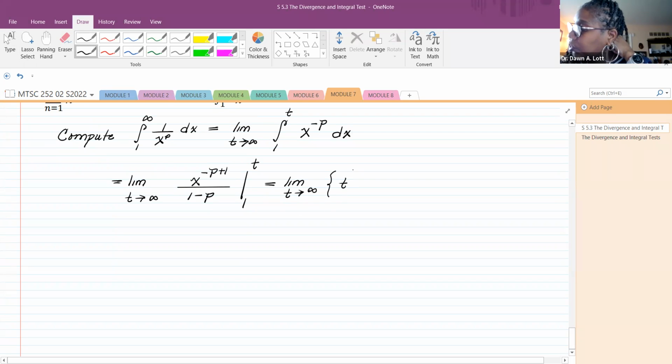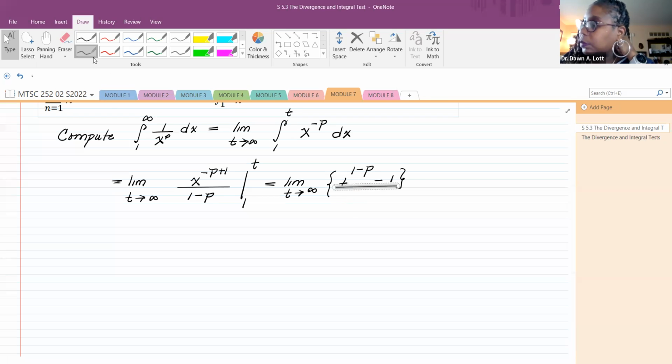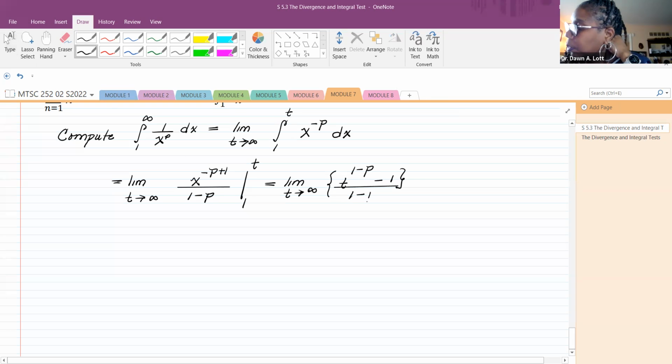I'm going to get t to the 1 minus p minus 1 to the 1 minus p, and this thing is still over 1 minus p. So now here's where we end up at a juncture. T is going to infinity.